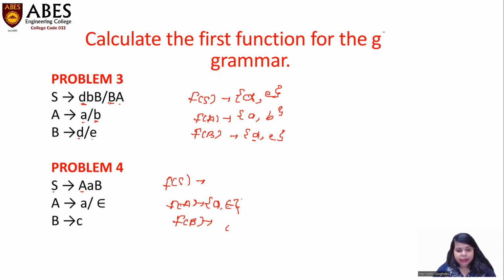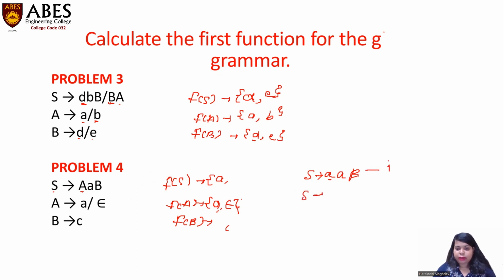Now see very carefully, when we replace with small a, then what will we get? Let's suppose first I replace capital A by small a. Then what will I get? I'll get a and B. Now what is first of S? Small a. Now in place of capital A, when I replace it by epsilon, then what will I get?